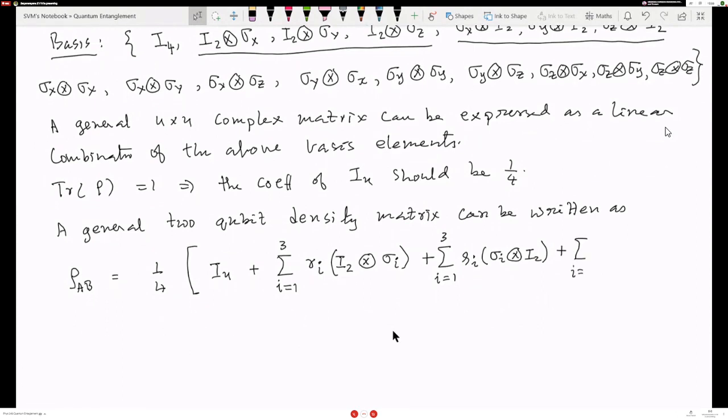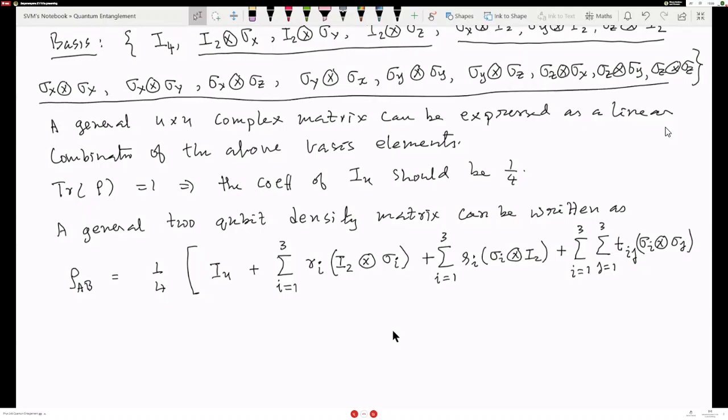summation over i equal to 1 to 3, summation over j equal to 1 to 3, and I have some Tij into sigma i cross sigma j. So in this term, I have taken care of all these 9 matrices.